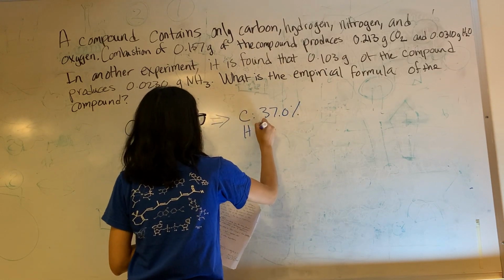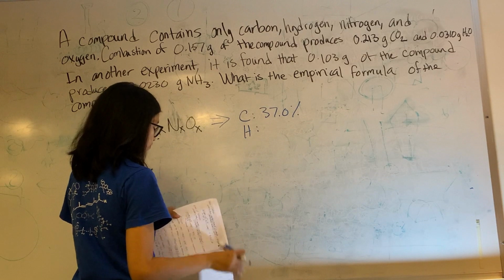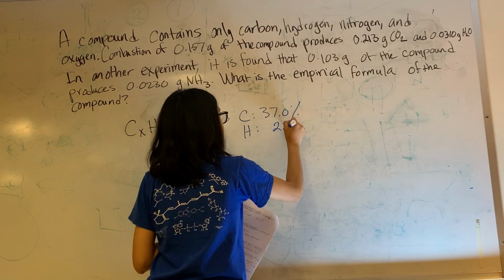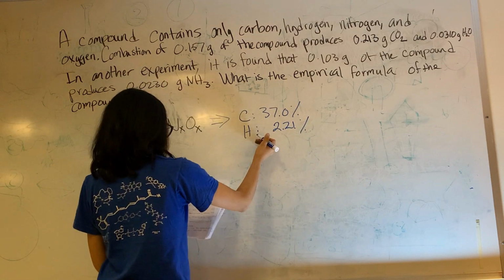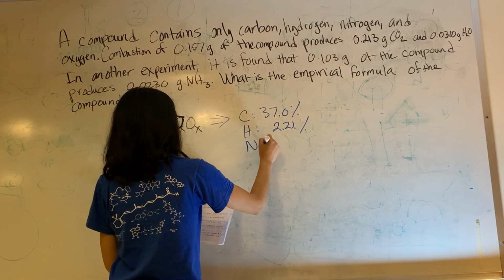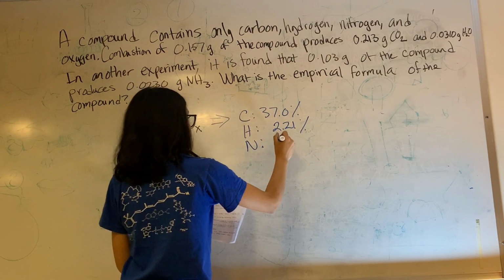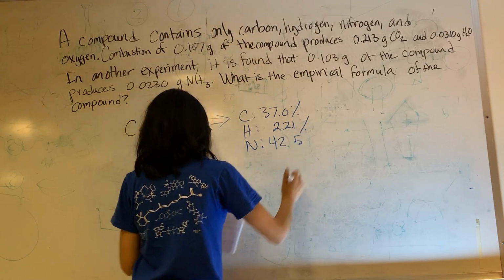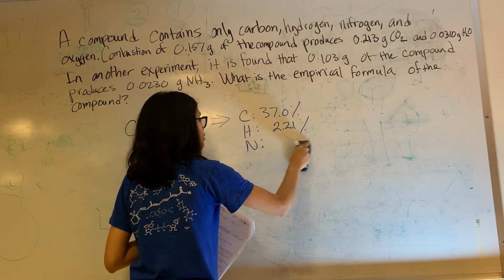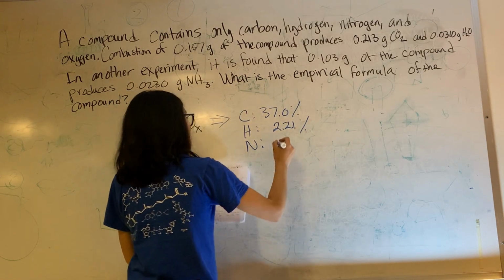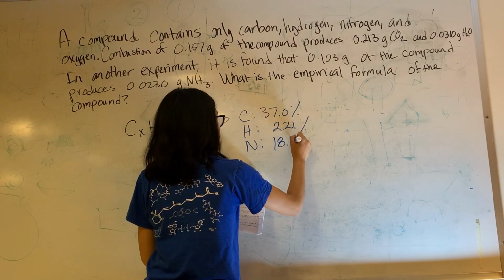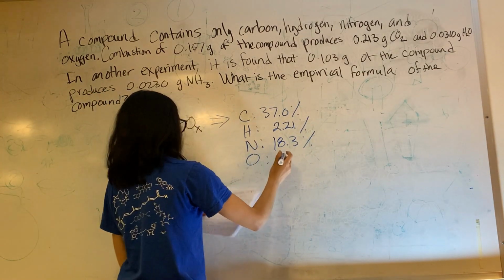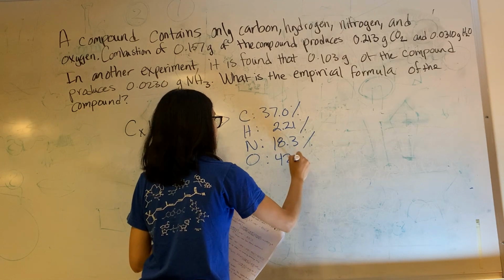For hydrogen, the percent mass is 2.21. And then for nitrogen, the percent mass was 42.5%. What? No. I let the cat out of the bag. Shh. Okay, so it's actually 18.3%. And then when you subtract all those from 100, you'll get oxygen, which is 42.5.